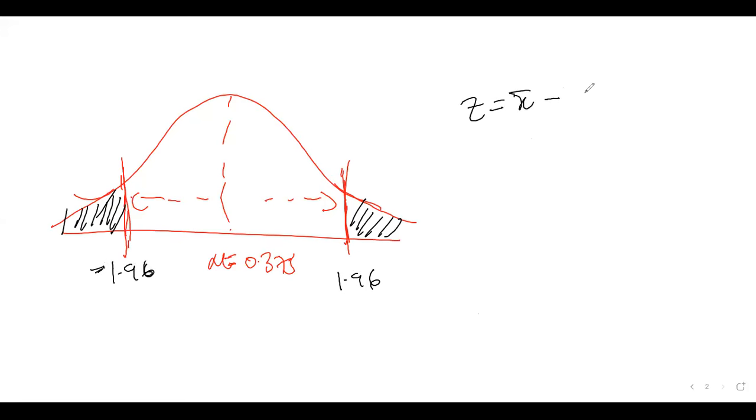So the sample mean minus the population mean over standard deviation over root n. In this question, standard deviation is 0.05, and sample size is 100. Put these figures in your mind.